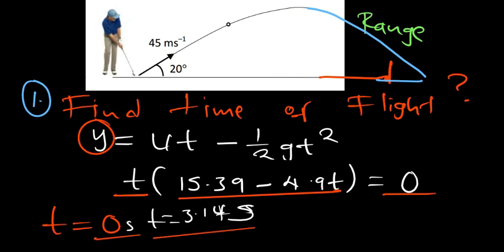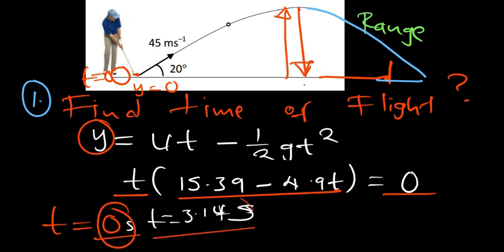Before you launch, when t is equal to 0, we haven't covered any displacement, so at that point our displacement in the y is 0. And then when you go up, it reaches a maximum displacement, and when you get down again, it cancels out, and it's also 0. So this is representing the starting point, and this is representing the final point. So 3.141 seconds is the time of flight.